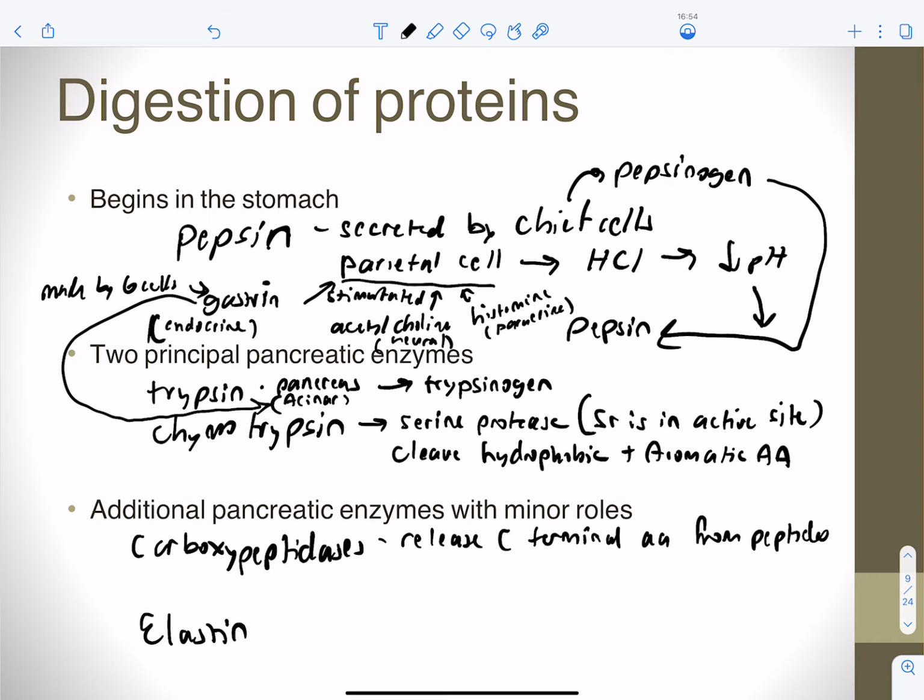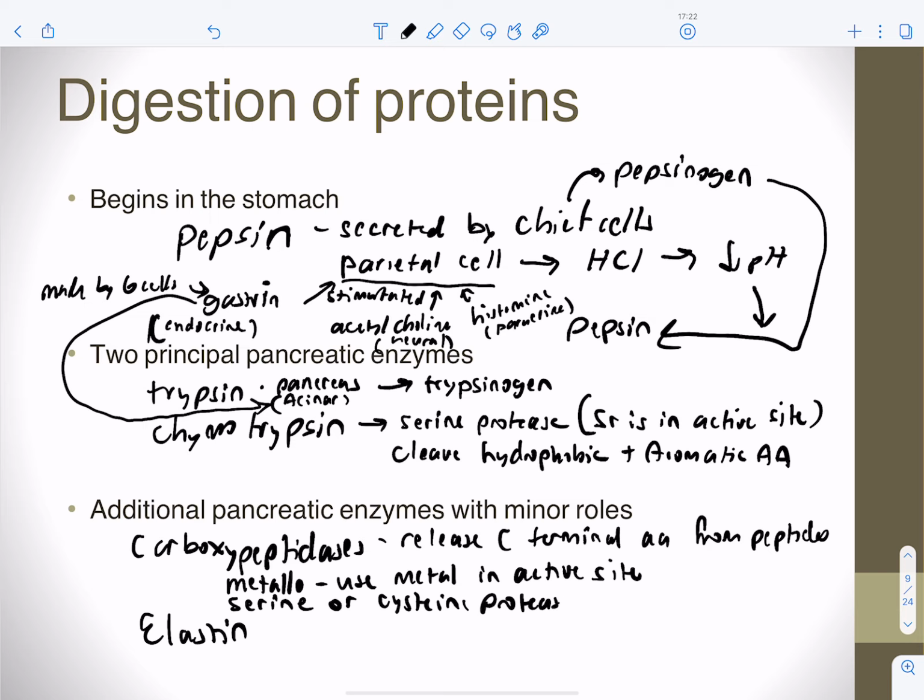So if they're metallo, that means they use a metal in the active site. And then they can also be serine proteases or cysteine proteases. So it just depends on what is actually in their active sites.